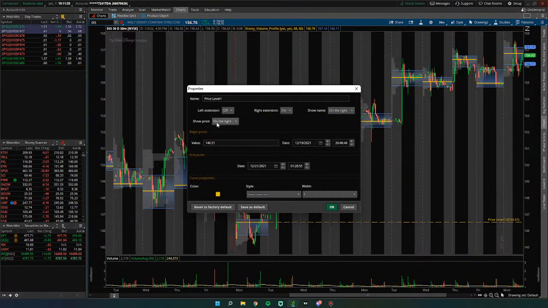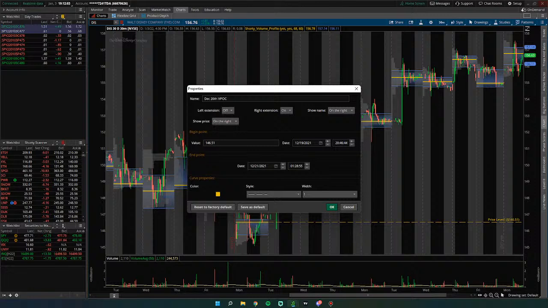What I do once I draw it, I'll change it. So this is December 20th. I set the color to yellow, but that's my preference. You don't have to copy me. I do a dashed line, and I click save as default so that every time I draw this price level, it's going to come up yellow, dashed.